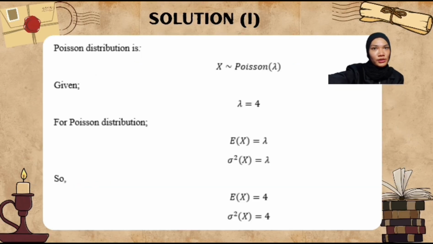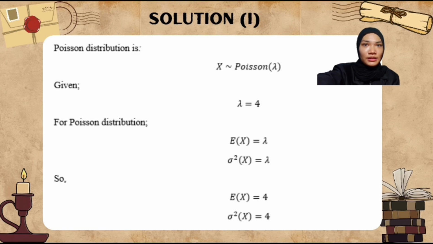So for the first question, this question involves the Poisson distribution, which is used to model the number of events occurring within a fixed time interval. In finance, it's commonly used to model the arrival of buy and sell orders in the market. For this question, the average arrival rate is lambda equals 4 orders per millisecond.